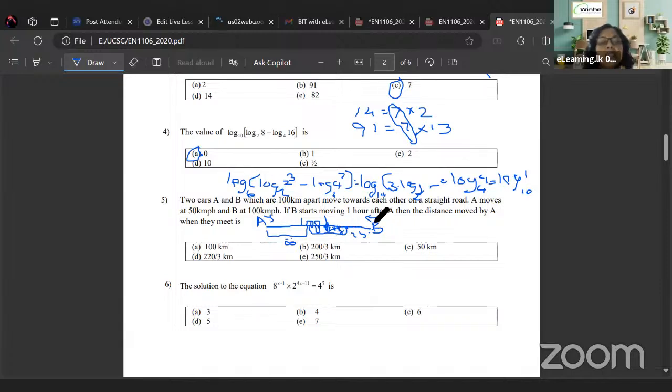So what will be the answer? 50 plus 25 divided by 2 plus 12.5 divided by 2, like that, right?